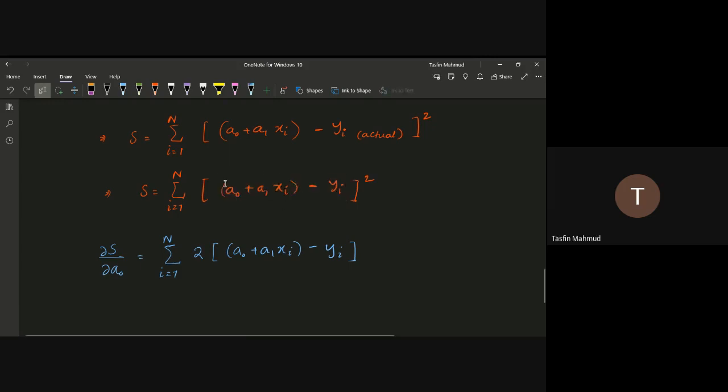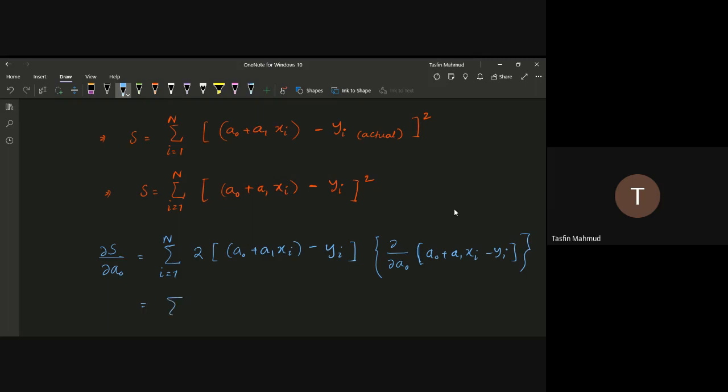So if we take the derivative of this part with respect to a naught, we will get a simple 1 from this. So we are actually going to do this as well, a naught plus a1 xi minus yi.